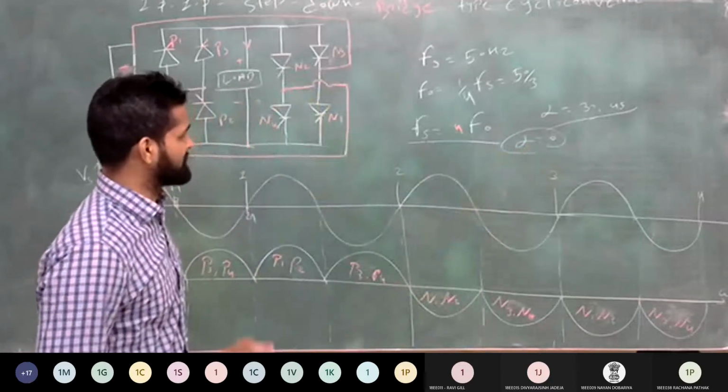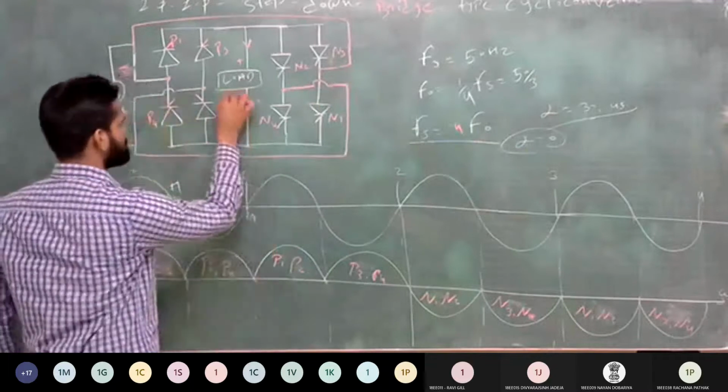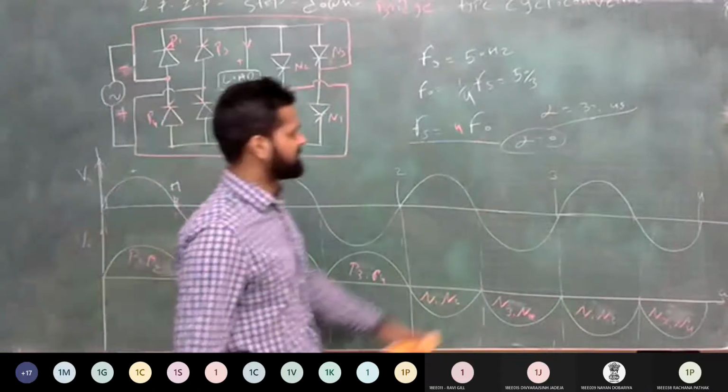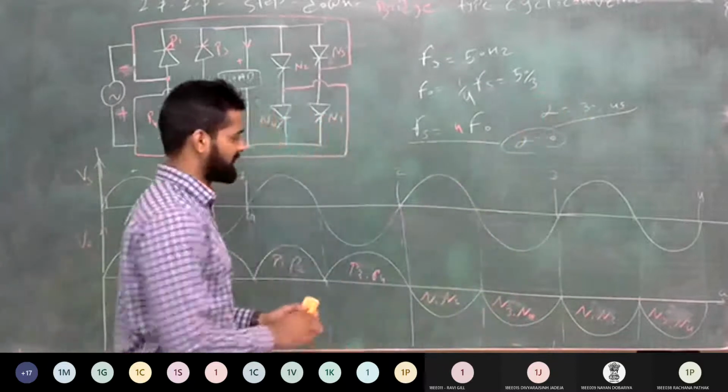Now let's check the waveform of the step down cycloconverter for RL load and for different values of alpha, that is, for different values of phi angle.